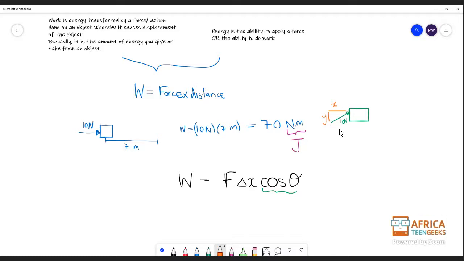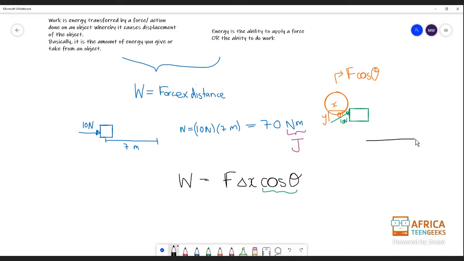The only component that allows this box to move is your x component, and that is found by multiplying the force times the cosine of theta, if this is my angle theta. That is just normal trigonometry.